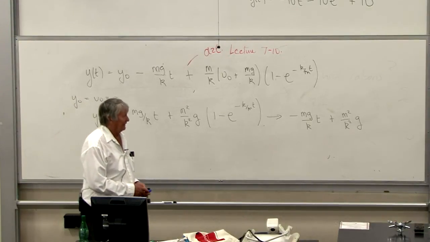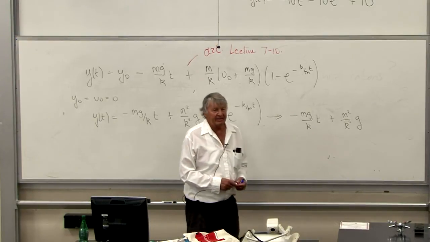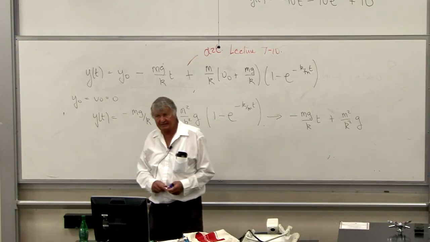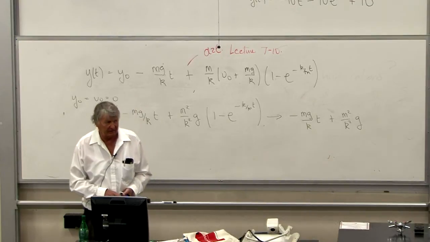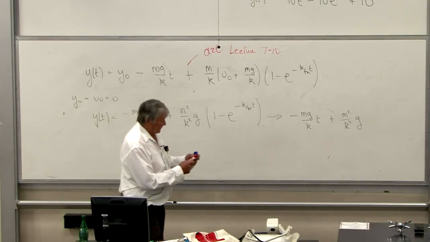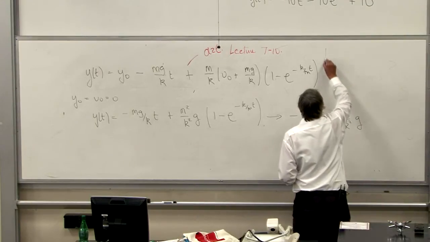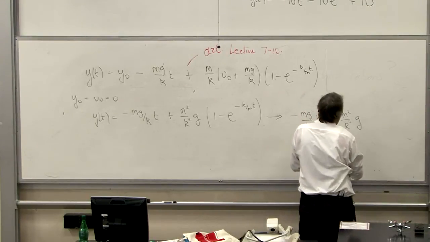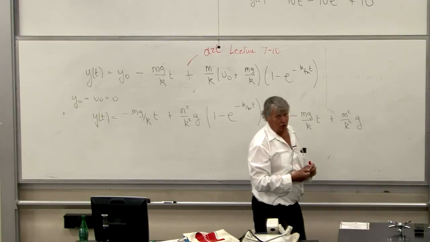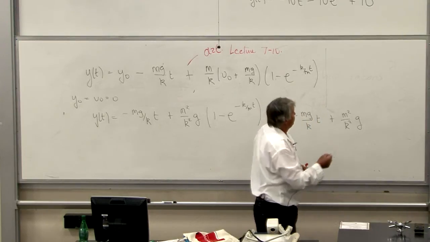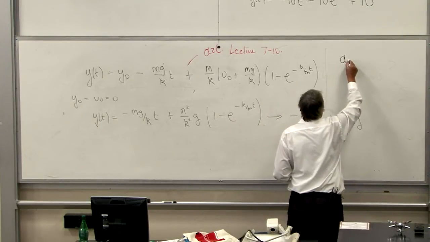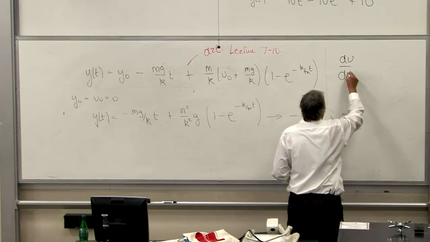Now, I think I won't do it next day, but I will do it later in the term. We will look at the case where we are working not just with a slow flow, but a guy jumping out with a parachute.